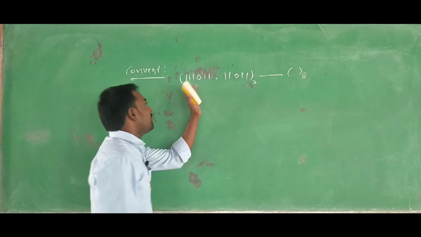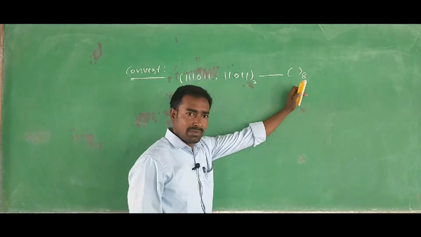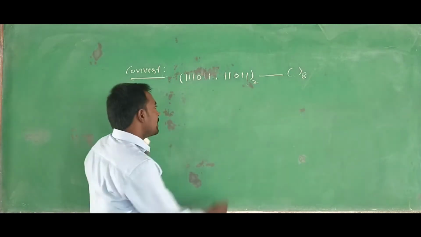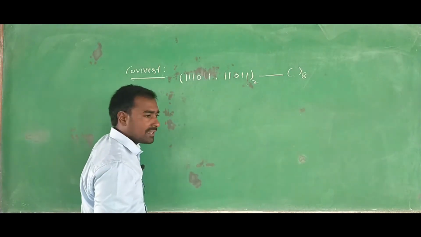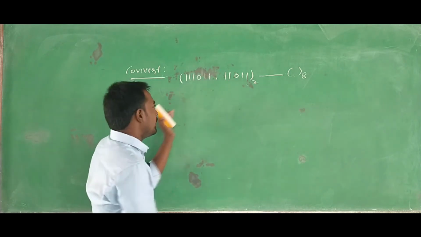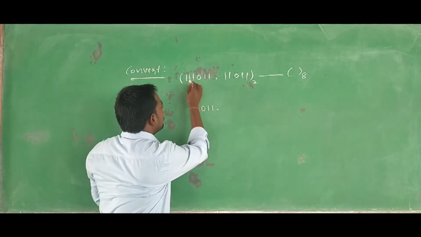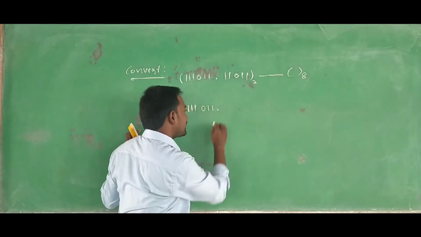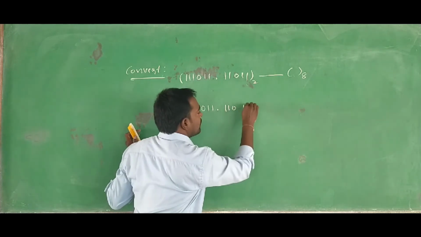When we are converting a binary number into an octal number, we have to take 3 binary digits at a time, individually before the break point and after the break point. See here, 0, 1, 1, point, and again we have 3 digits, that is 111. After the fraction point, here I am taking 110 and 11.